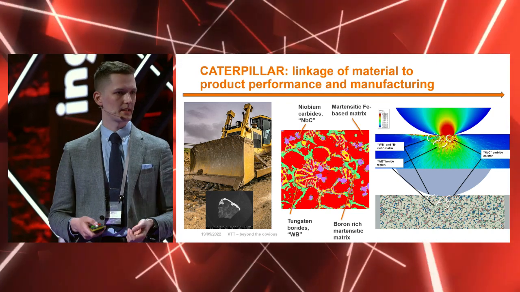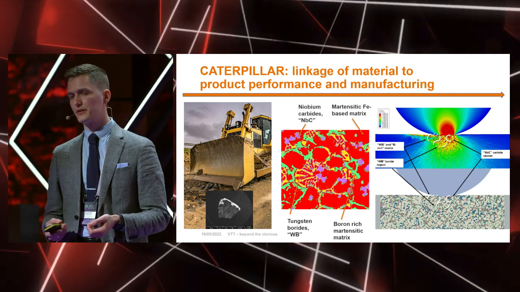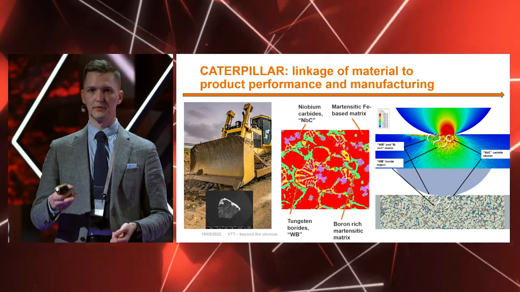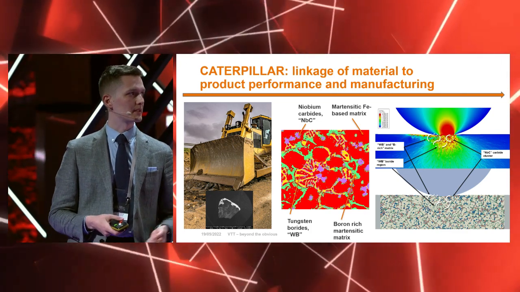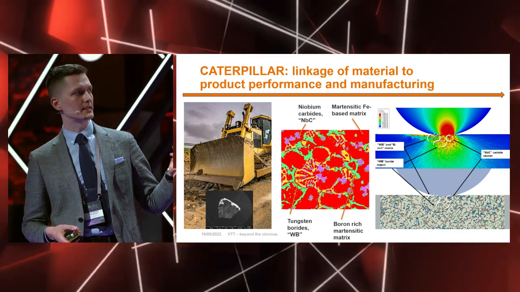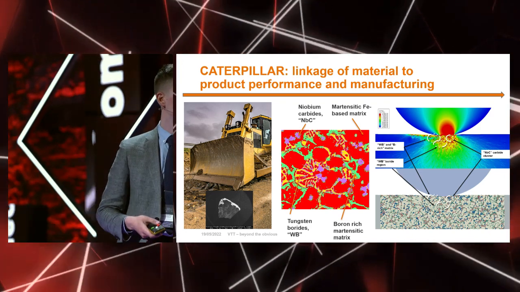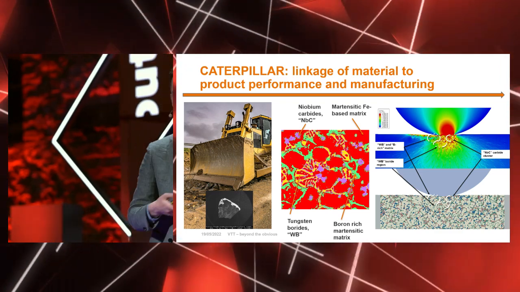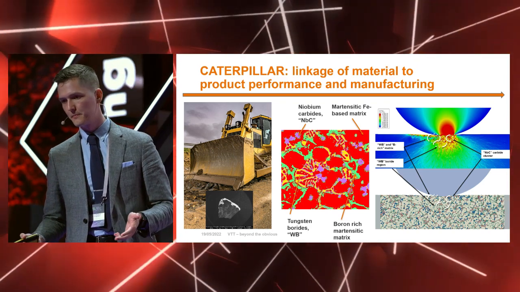And in this case, we wanted to explore how the welding parameters impact the material microstructure and how it improves wear performance. So that's the material matrix. It's some kind of martensitic steel. It has these niobium carbide precipitates along with a boron-rich martensitic matrix and tungsten boride grains.